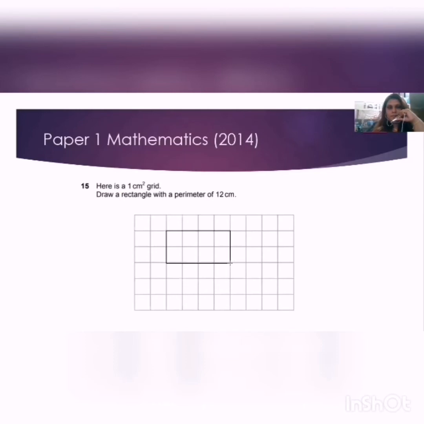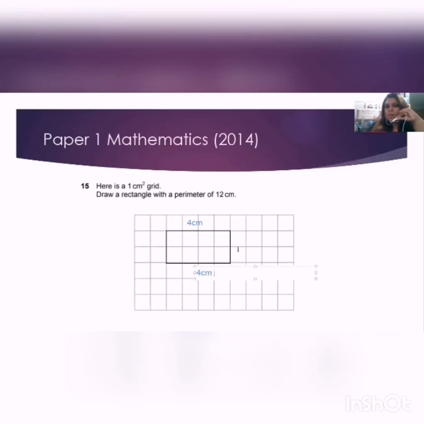If you have a look, can you see, we have 1, 2, 3, 4. Therefore, we have 4 centimeters over here. And the same goes over here. We have 4 centimeters.